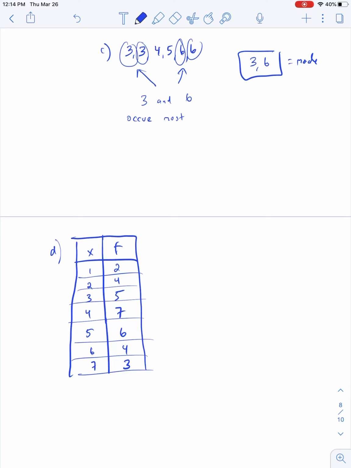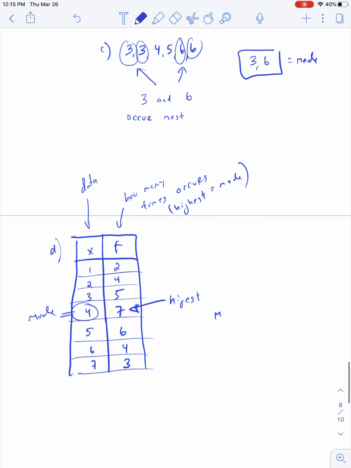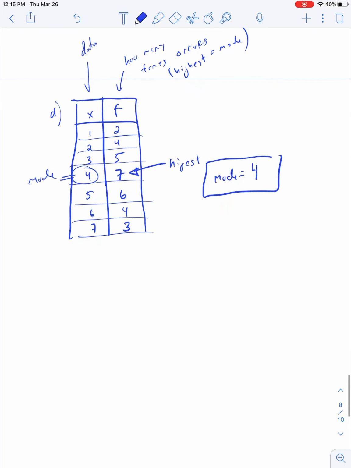So this is our frequency distribution table. Keep in mind that this is your data, and this is how many times you see it. Or in other words, how many times it occurs. So we're looking for the highest number here. 7 is the highest, so 4 is the mode, right? Because we want it to be a data item. So your mode here is 4.